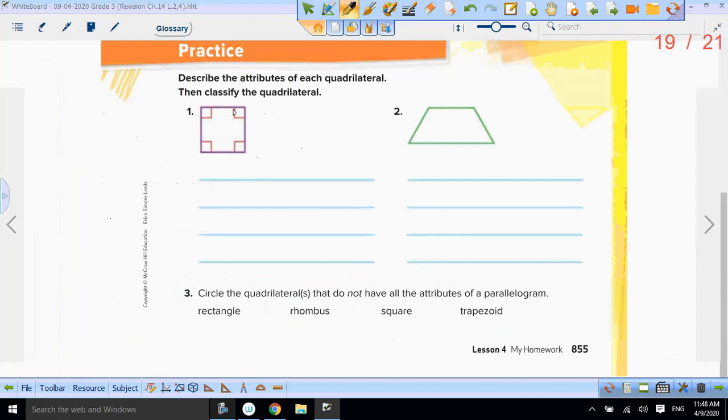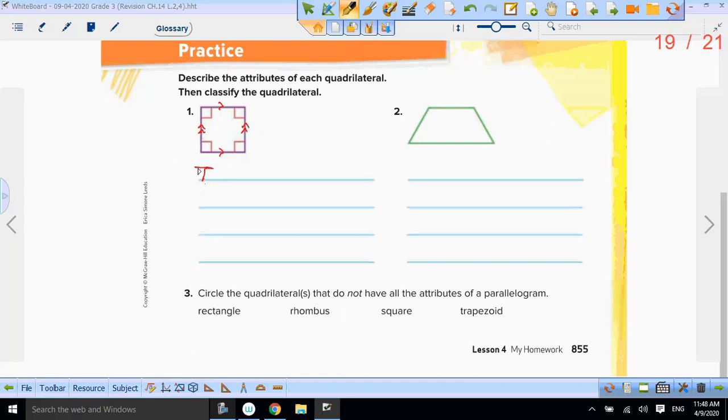Okay, so for this one, for parallel sides, how many pairs of parallel sides do we have? This is one pair, and this is another pair.